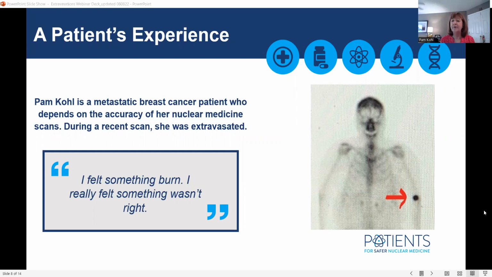Again, this is preventable. And we really have no idea how often this happens and in what kind of setting and where these happen. So it's not okay in any way that we are getting scanned as an initial diagnosis that may be missed, or those of us who are depending on these extravasations for deciding our treatment.